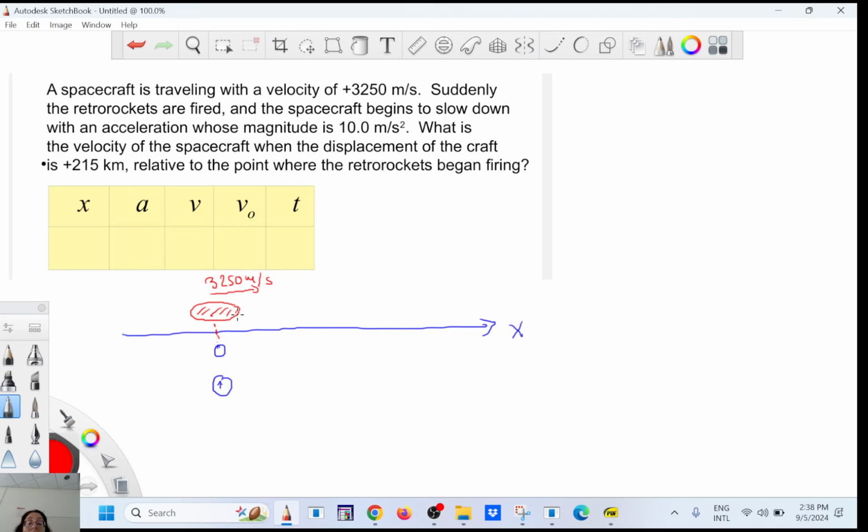And then it's slowing down. And maybe at some point it's going to stop. So much slowing down. Okay, and here that will be the final position. And acceleration is -10.